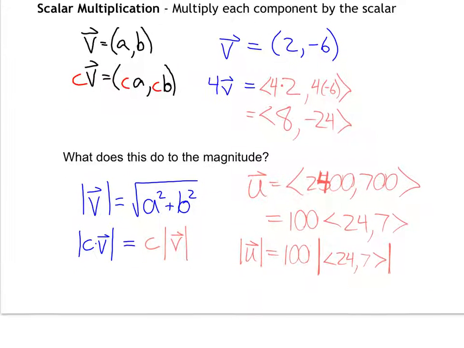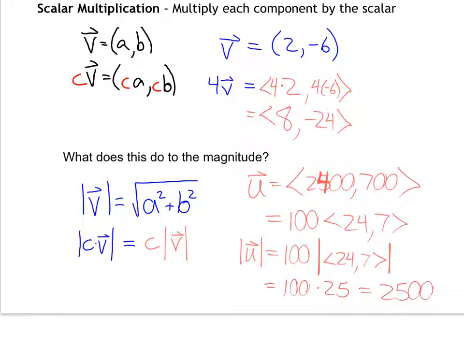So the magnitude there is 25. So I can just do 100 times 25, or 2500. I don't have to actually square 2400 and 700, add those together and square root the whole thing.